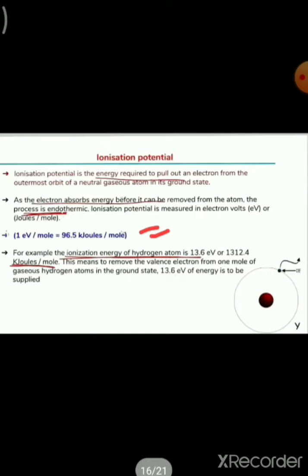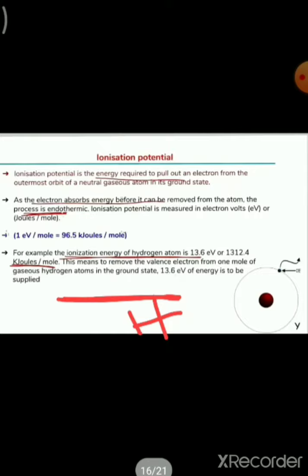Then one example. The ionization energy of hydrogen atom is 13.6 electron volt or 1312.4 kilojoules per mole. This means to remove the valence electron from 1 mole of gaseous hydrogen atom in the ground state, 13.6 electron volt of energy is required.